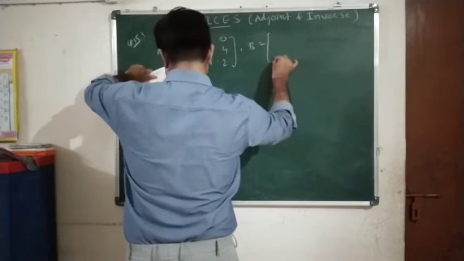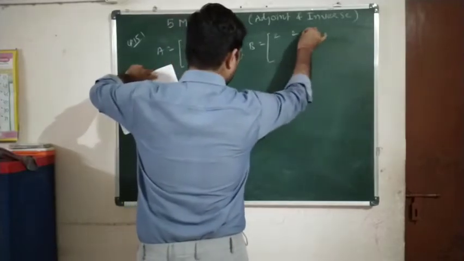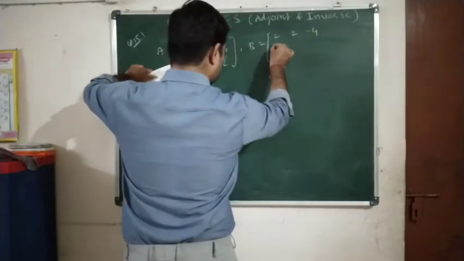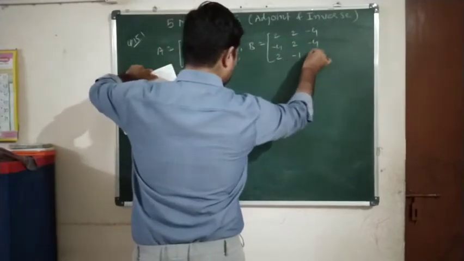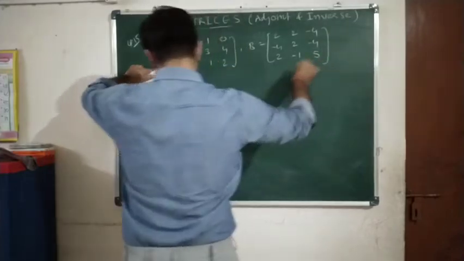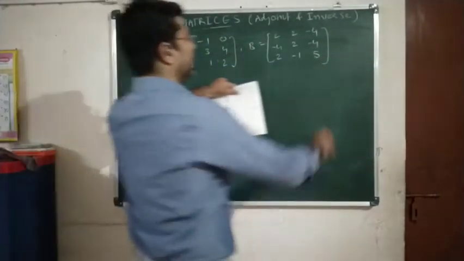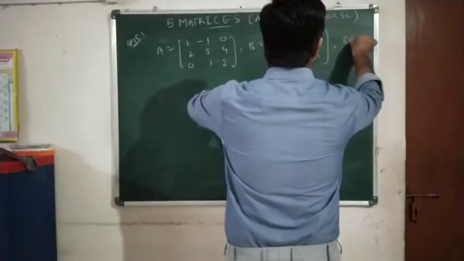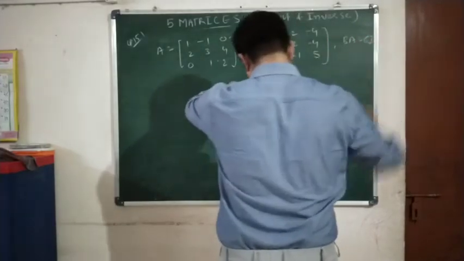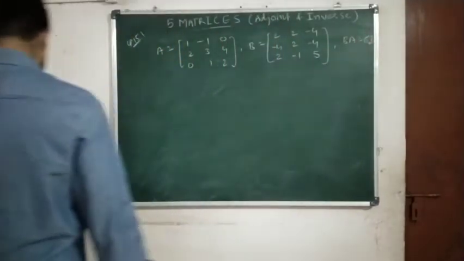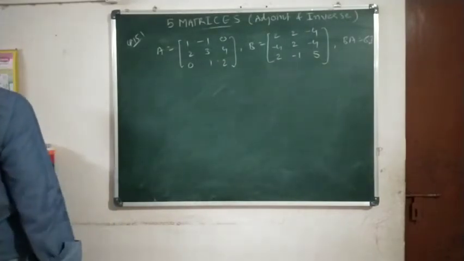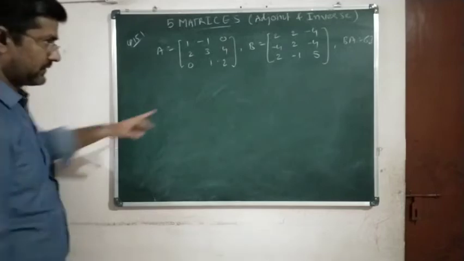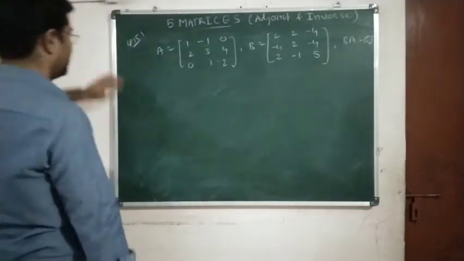Matrix B is given to be 2 2 minus 4 minus 4 2 minus 4 2 minus 1 5. Okay, we have to verify that BA is equal to 6I, and then using the result we will solve the set of linear equations. So let us first verify whether BA is equal to 6I or not.